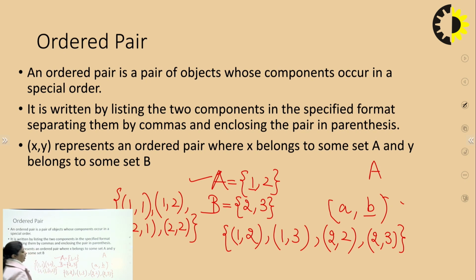In this particular case, since the mapping is done from set A to itself, the first element will also belong to set A and the second element will also belong to set A. So this is another type of mapping which can be there, where the mapping is done with the set itself.